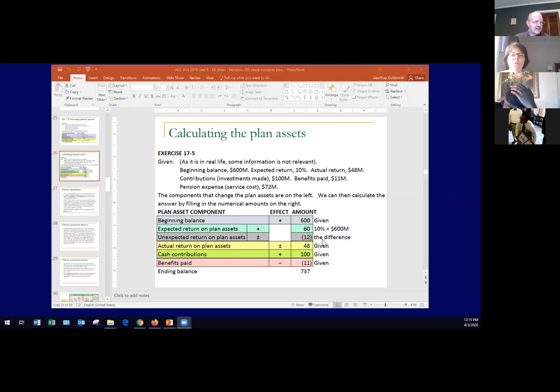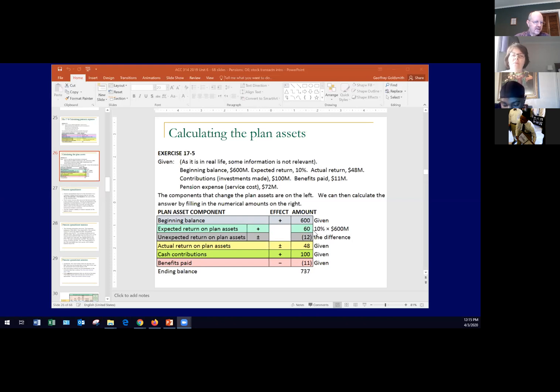So comparing the 60 and the 48, the 60 means that in the long run, stock market investments earn an average return of 10%. Individual years are unlikely to be exactly 10%, but that's the long run average.